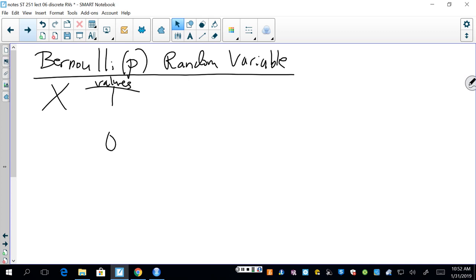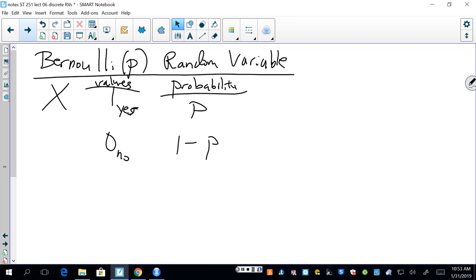This type of variable could be used for yes or no type questions, classifying people: are you a veteran, or you're not a veteran, female, male, yes, no to a political opinion question. And the probabilities associated with these, to get the probability distribution, is some value p, and the opposite of that, that it does not happen, is 1 minus p.